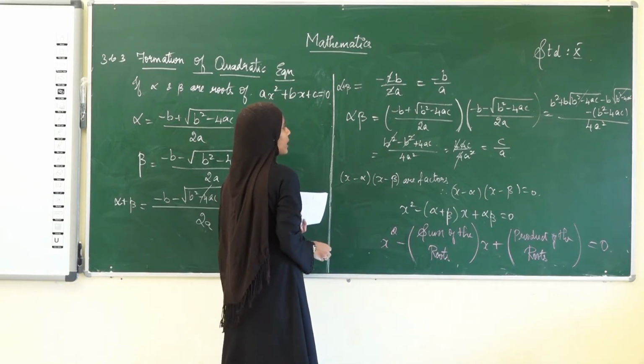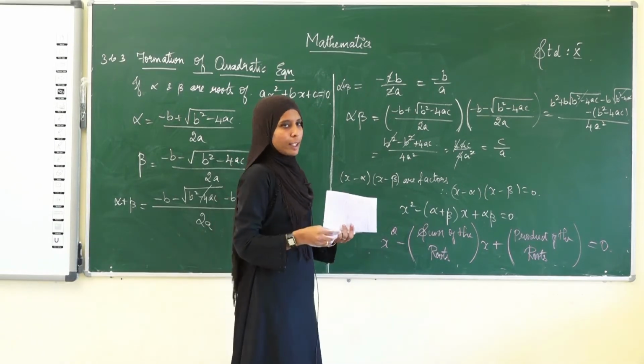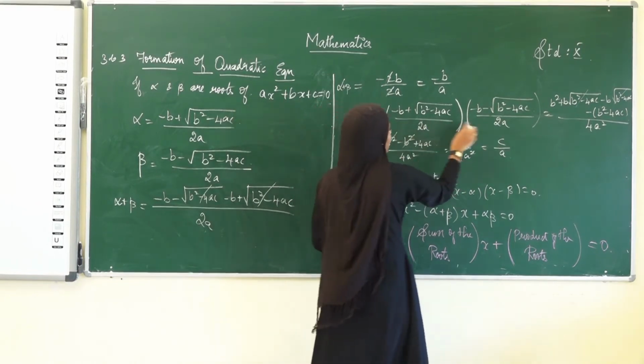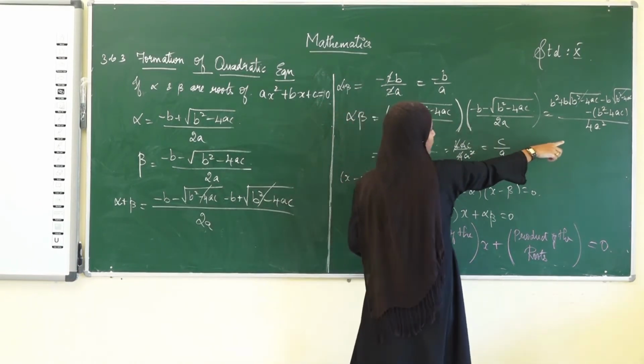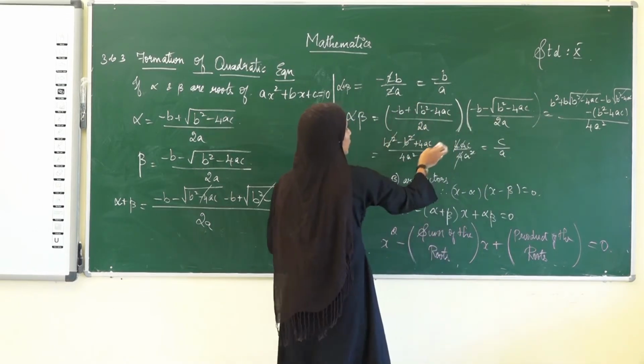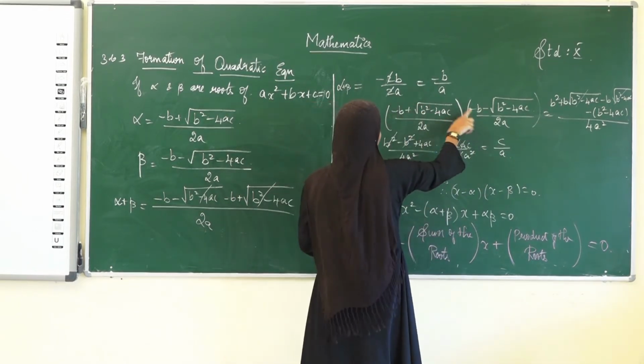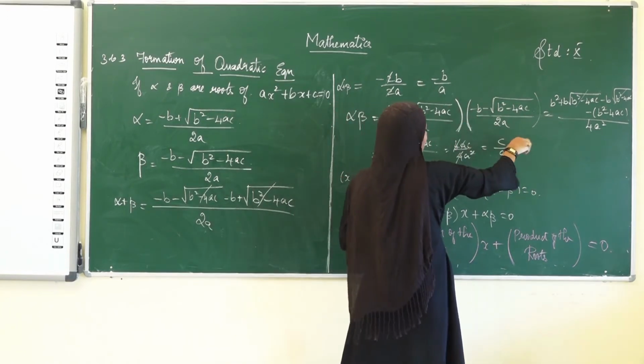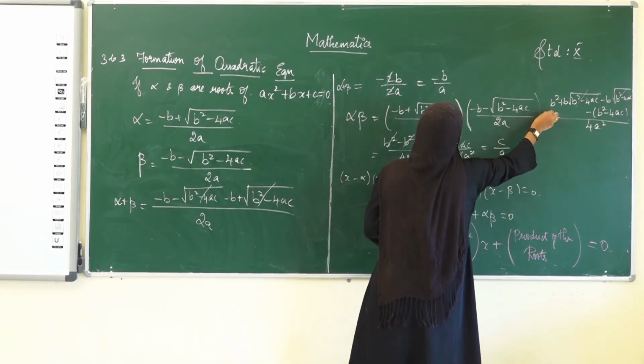Next we are going to find the product of the roots, that is alpha into beta. Product of this term into this term. Here, the product of the denominators is 4 into a square. Now coming to the numerator, minus b into minus b is plus b square, and multiplying the remaining terms, we get this term.